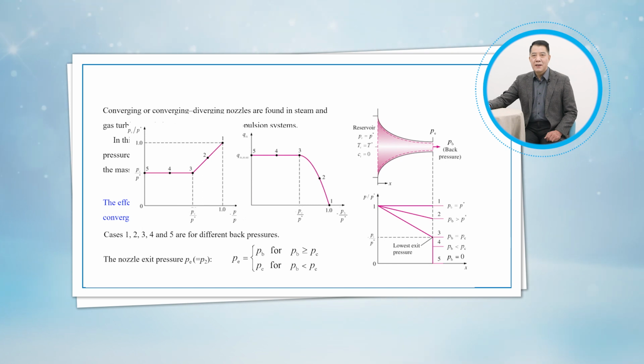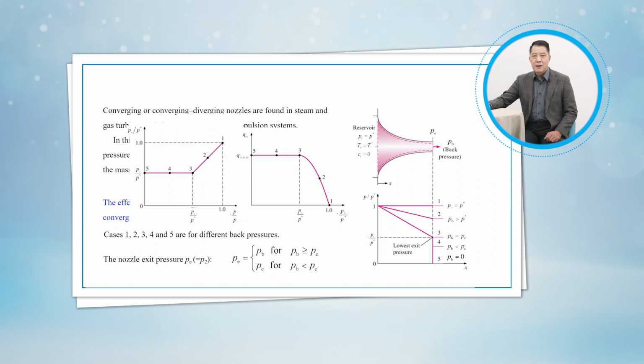Notice that the mass flow rate increases with the decreasing of pressure ratio P2 over P asterisk, reaches a maximum at P2 equals Pc, and remains constant for pressure values less than this critical ratio. Also illustrated on this figure is the effect of back pressure on the nozzle exit pressure PE.